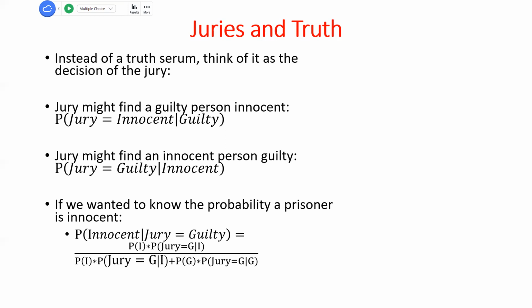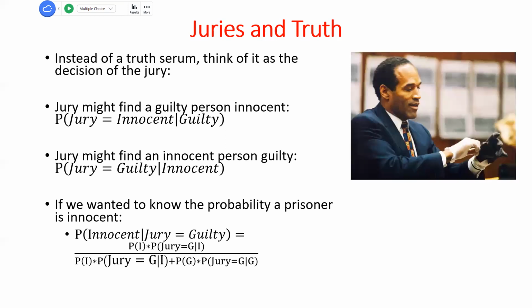You can also do the same thing in the other direction: given that the jury found someone guilty, what's the probability they actually were guilty? By looking at the overturned cases where the jury found them innocent and they were actually guilty. Same idea: condition on the same state of nature, two outcomes of the test, and you can back that out.